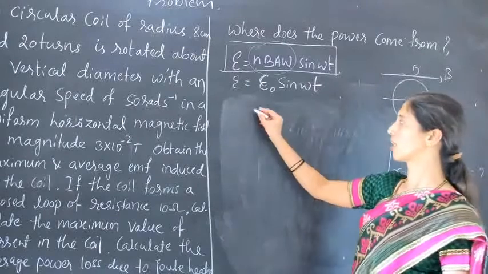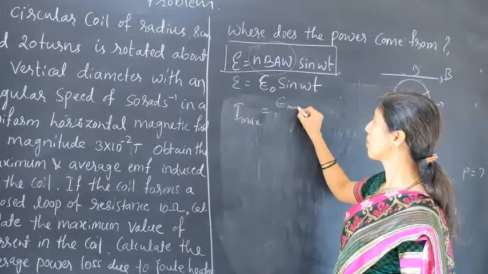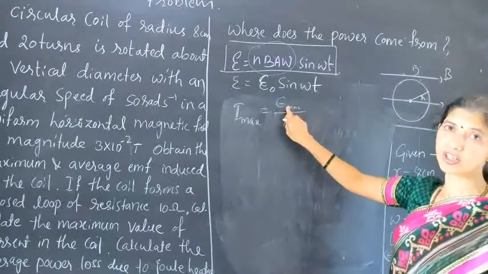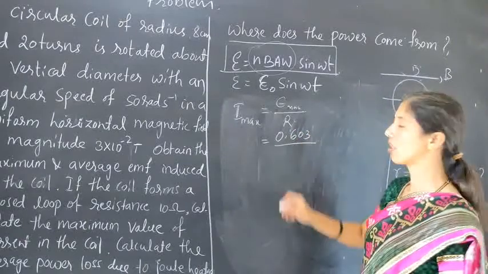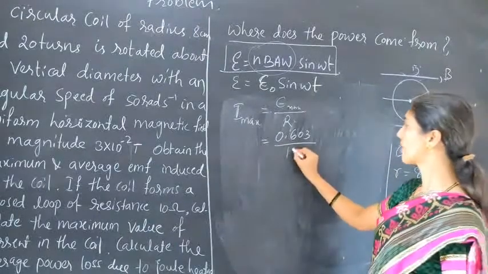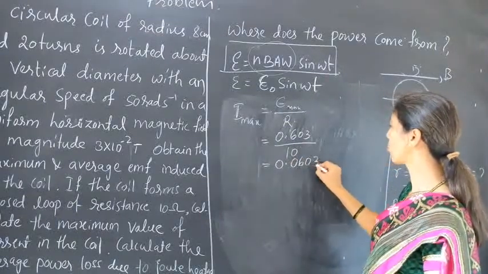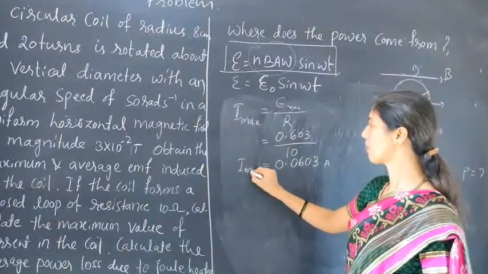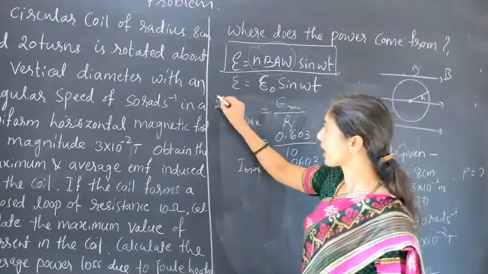Maximum value of current I maximum is equal to E maximum divided by R. E maximum we have just calculated: 0.603 volt divided by the resistance value, 10 ohm. So 0.603 divided by 10 is equal to 0.0603 ampere. I maximum is 0.0603 ampere. So this is the second part.